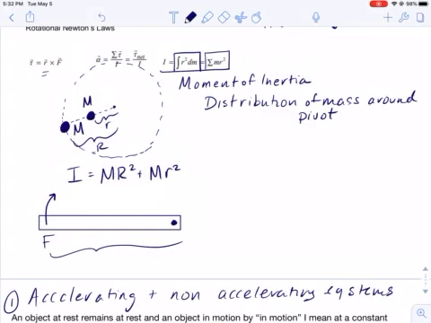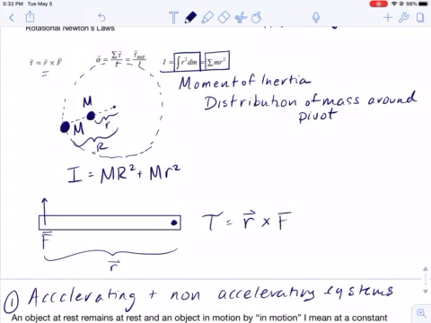So if I did push on this meter stick at an angle, only the perpendicular component would count. And if I measure the angle here, the perpendicular component would be F sine theta.